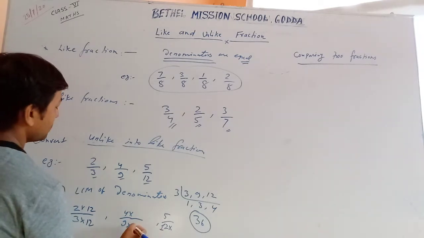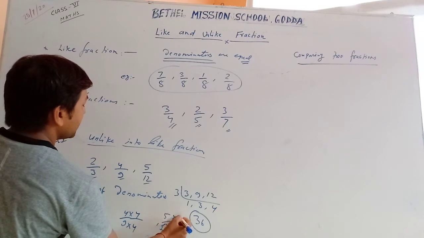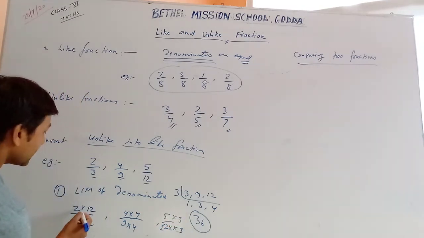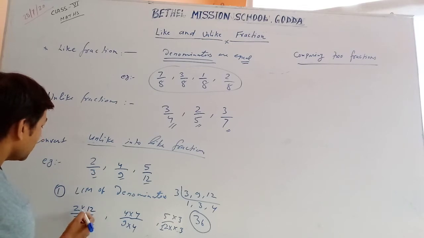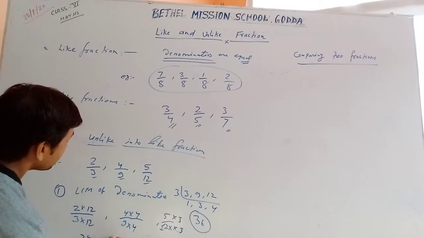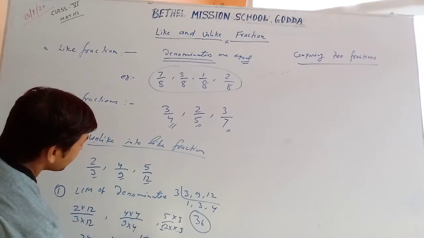Also here, 4 and 3, multiply by the needed numbers. Now the fractions are 24 upon 36, 16 upon 36, and 15 upon 36.